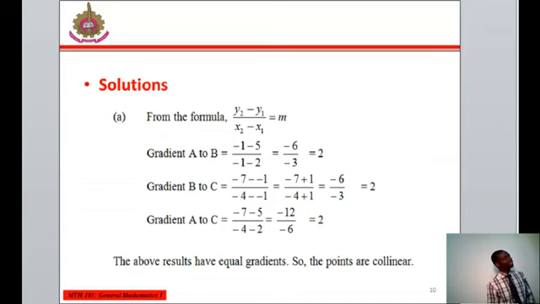It means that gradient A to B, B to C, and A to C are collinear, since we obtained the value of 2 for these 3 points.